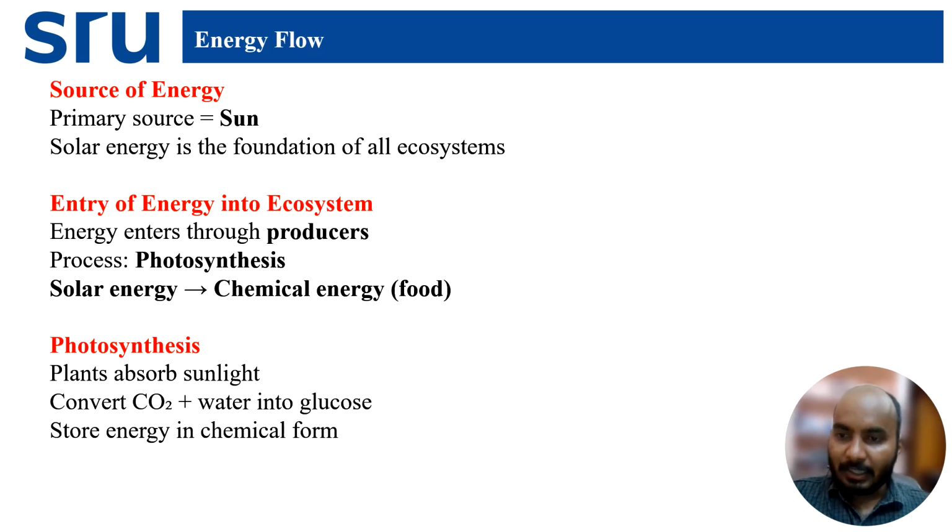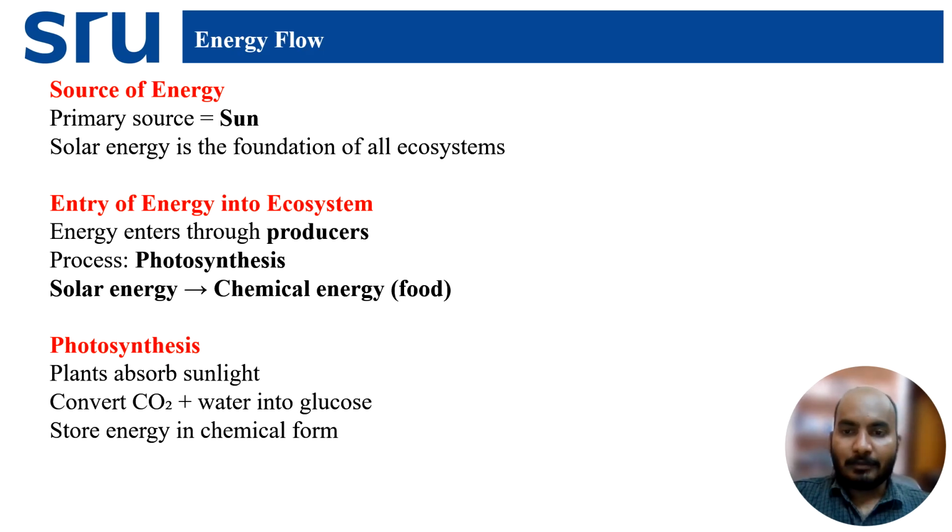When we study the ecosystem, we are essentially studying how efficiently energy is captured and transformed. The primary source is the sun, and solar energy is the foundation for all ecosystems. Energy enters from the sun to producers like plants.